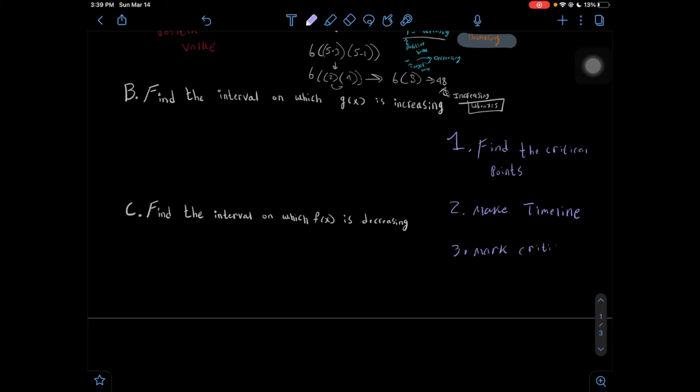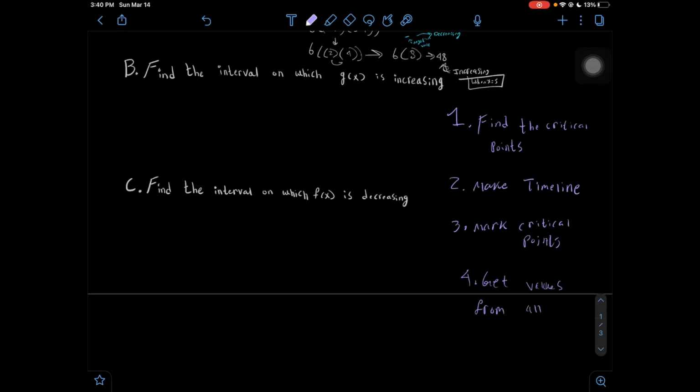And then 4, we are going to get values from all intervals. And you'll see what we mean in just a moment when we start B and C.